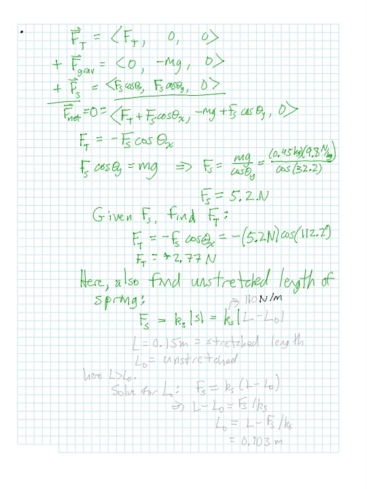So here L is 0.15 meters, the stretched length. L0 is unstretched, and the one bit of information that we have from the problem is that L is bigger than L0.